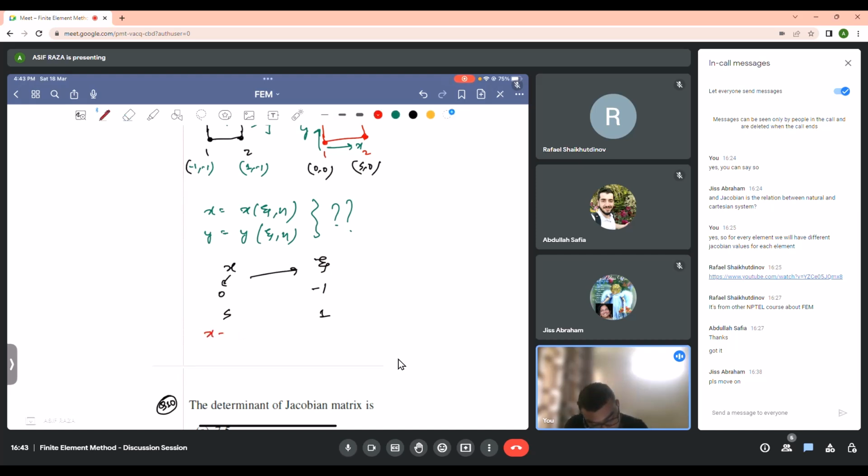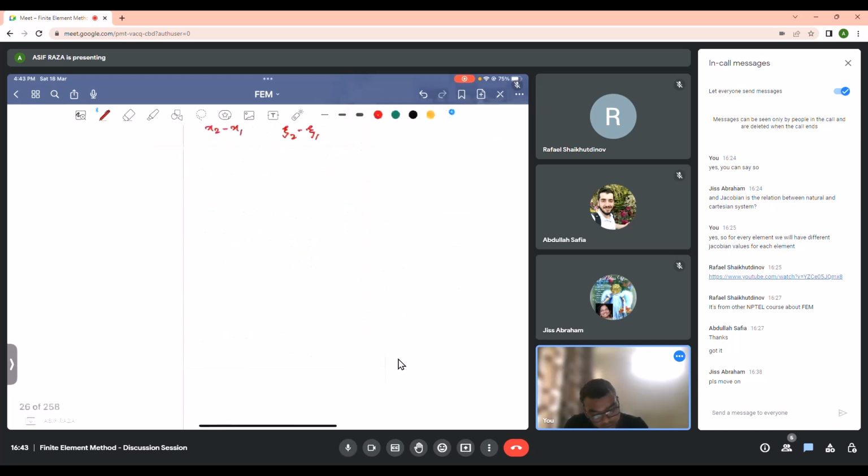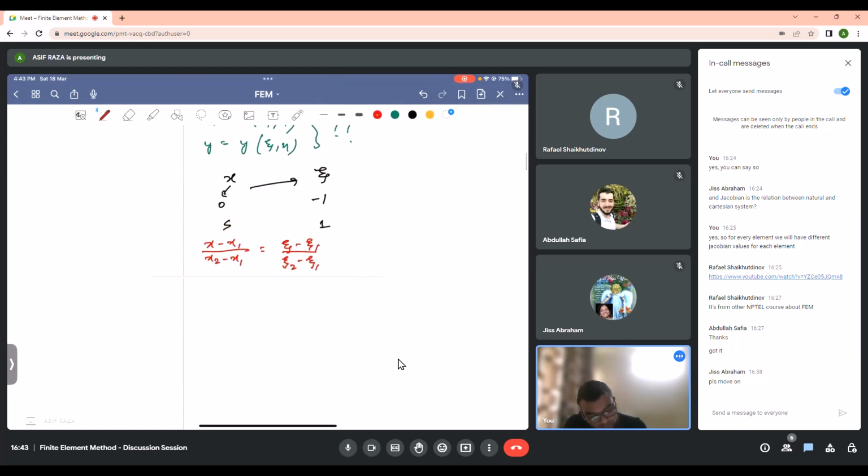x minus x1 upon x2 minus x1 is equal to xi minus xi1 upon xi2 minus xi1. Okay, so this will be x minus x1, where x1 is 0 and x2 is 5, minus 0. This is xi minus xi1, which is minus 1, and xi2 is 1, minus minus 1.